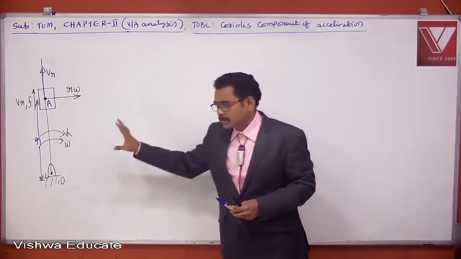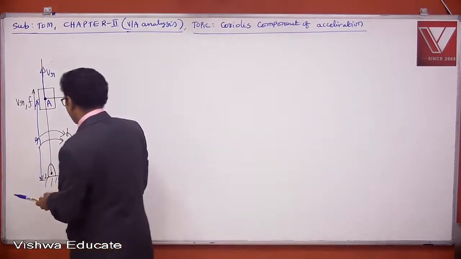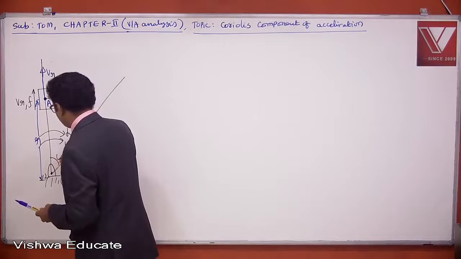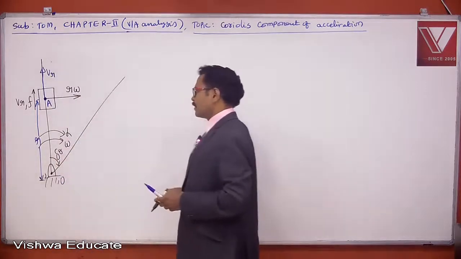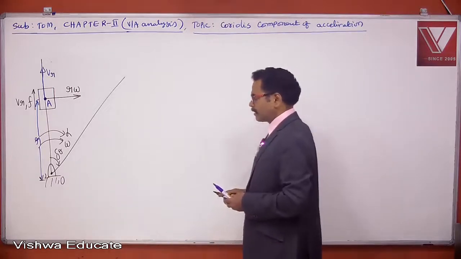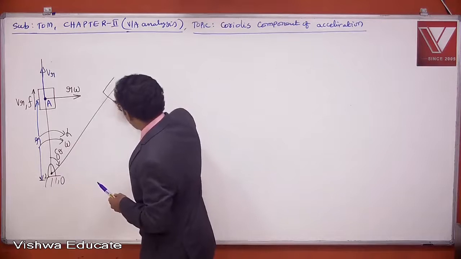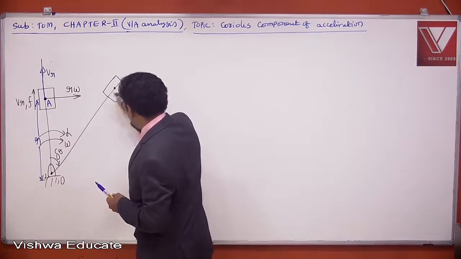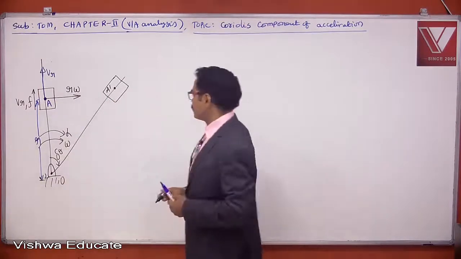This is the initial position and orientation. In a small interval of time, this entire link may turn by an angle delta theta, and currently the slider is here. I may refer to this point as point A dash: initial A, now A dash.